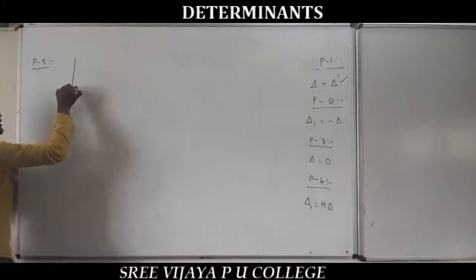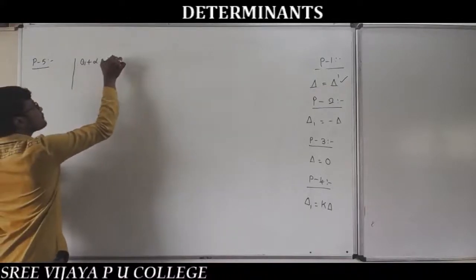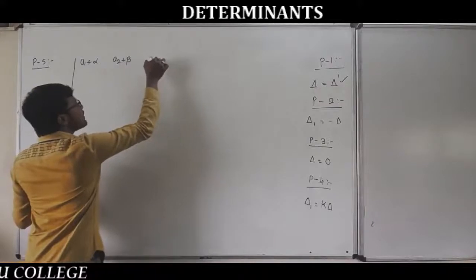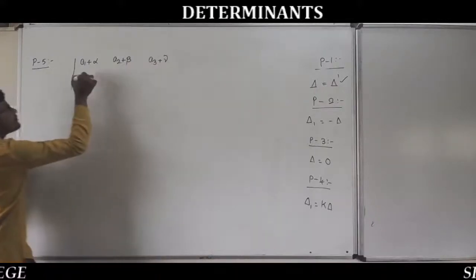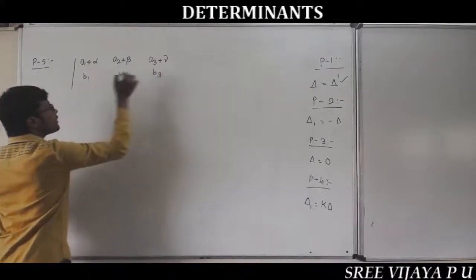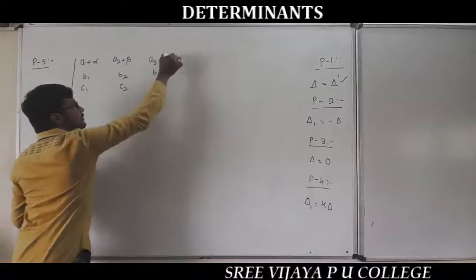Property number 5. Determinant with first row A1 plus alpha, A2 plus beta, A3 plus gamma, second row B1, B2, B3, third row C1, C2, C3.